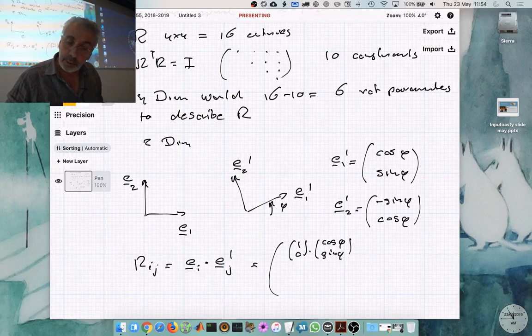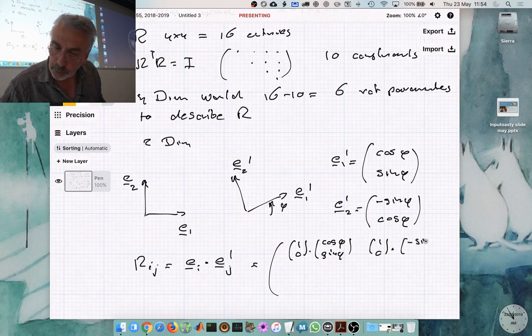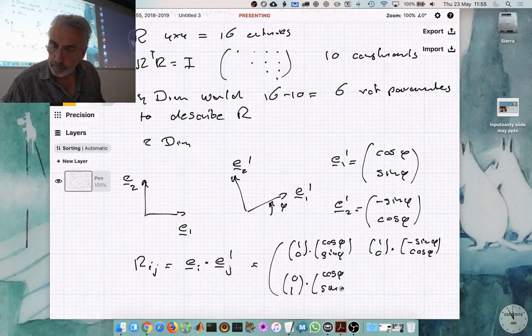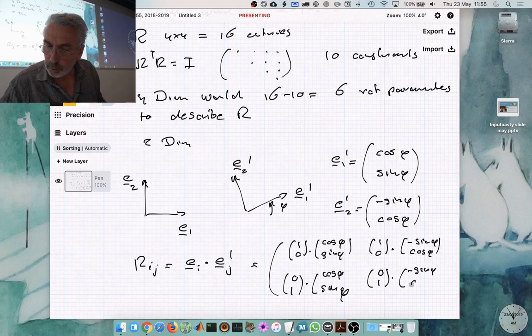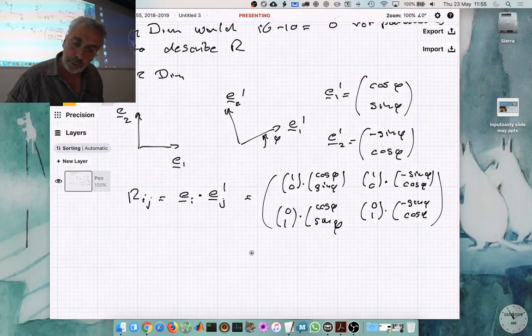Then the second entry is again this 1, 0 dot product with the minus sine phi, cosine phi vector. And this one is 0, 1 with the first guy, and the last one is 0, 1 with the second guy. And here we see all these unique dot products we can do in a two-dimensional world.